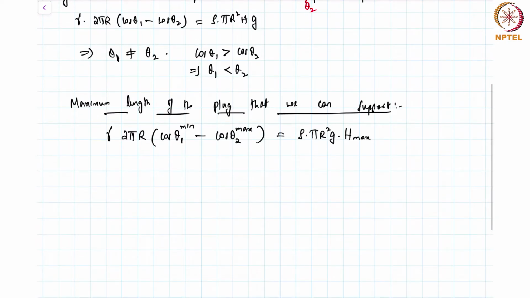Now there is of course a limit to how large and how small you can go. So the idea is the following.